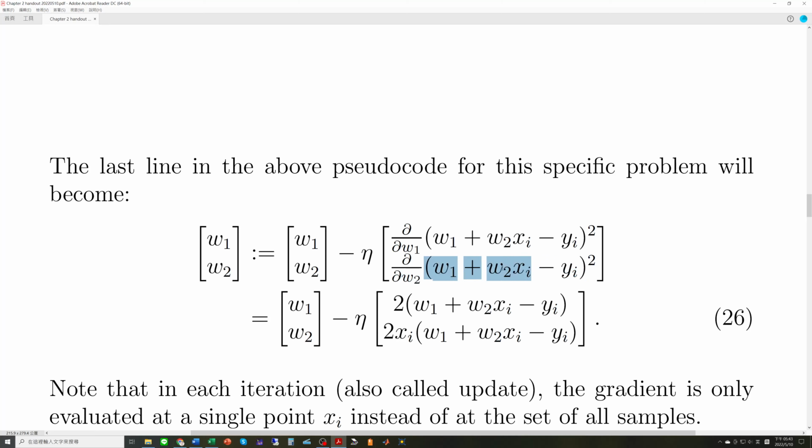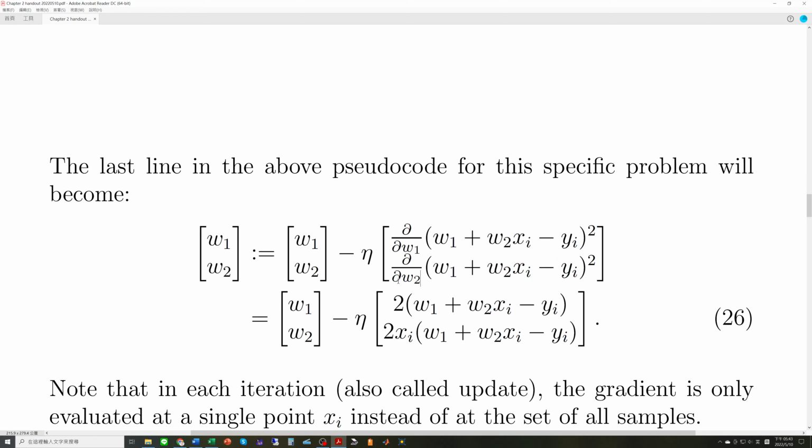This is of the form x squared, so the derivative of x squared is 2 times x. Next, according to the chain rule, this is multiplied by the partial derivative of the inner term with respect to w2.